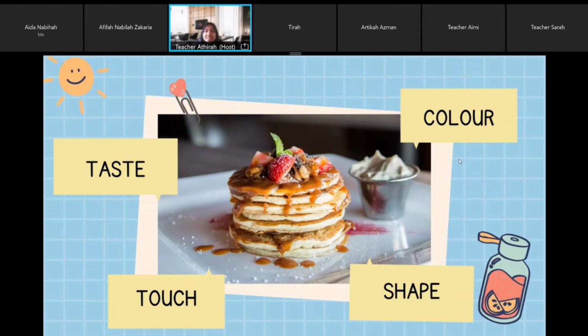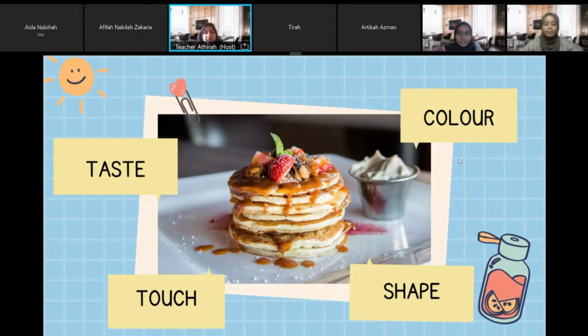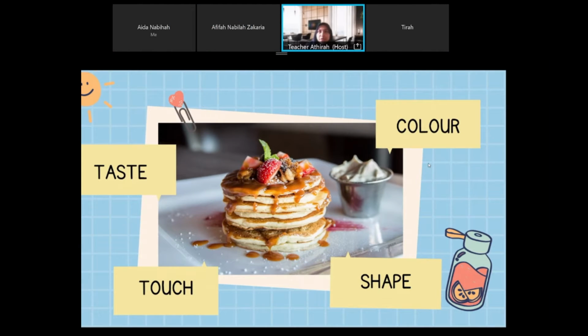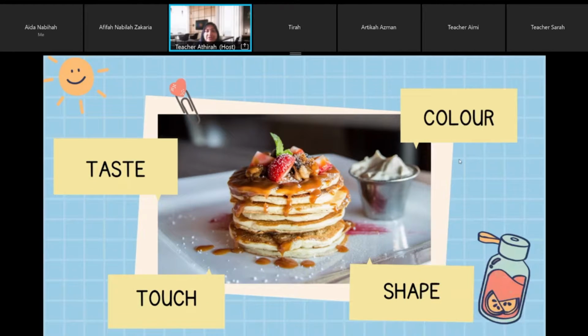Circle, right? It is round, or maybe it can be oval sometimes when you don't cook it well. And the last one, what is the touch of a pancake? How do you feel when you touch the pancake? Fluffy, that's correct. Soft, right? So that is what a pancake is.